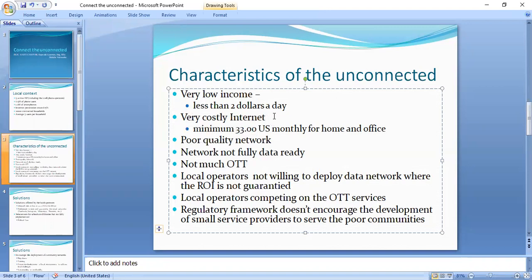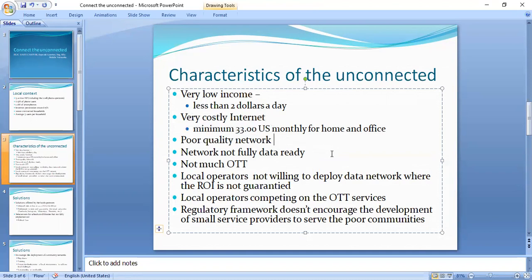The minimum connection for a household is 33 US dollars a month with a very poor quality network, because the plan offered is the basic plan, where people can just have connectivity to the internet with basic access to do some research and connect to social media like Facebook or Instagram or Pinterest.